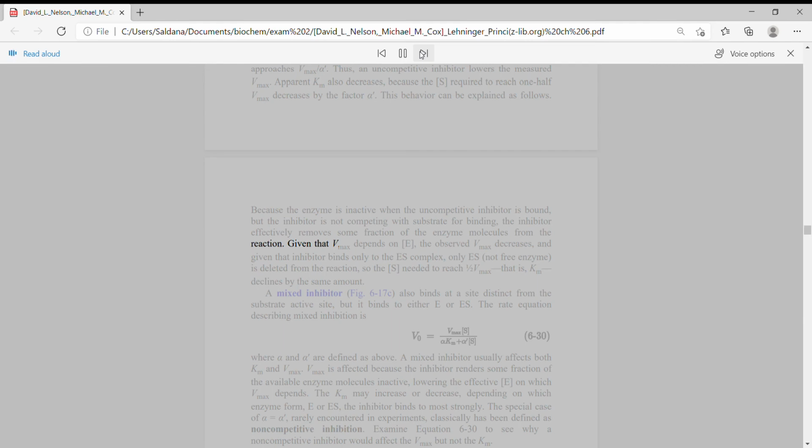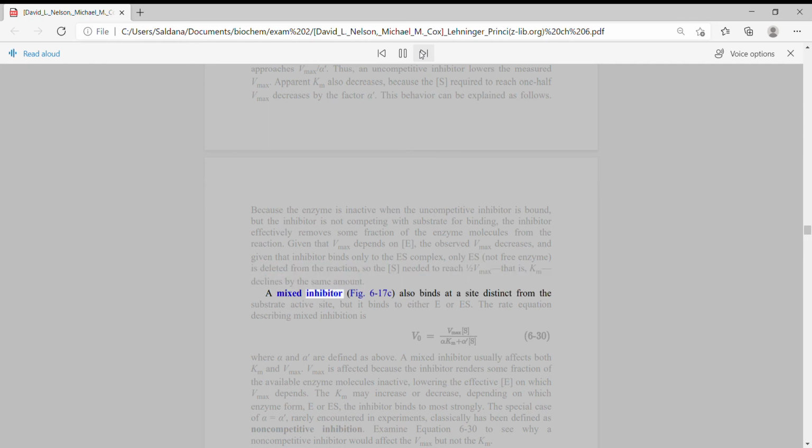Given that Vmax depends on [E], the observed Vmax decreases, and given that inhibitor binds only to the ES complex, only ES, not free enzyme, is deleted from the reaction, so that [S] needed to reach 1/2 Vmax, that is, Km, declines by the same amount.